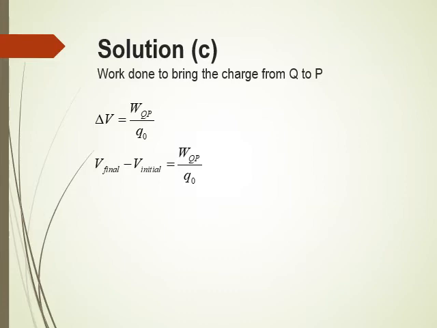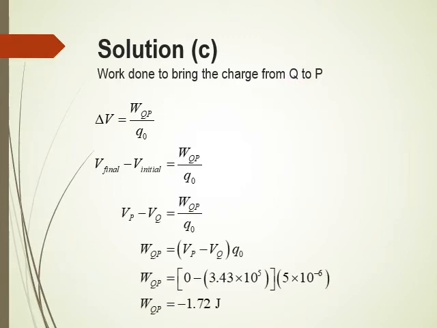V final is our point P and V initial is our point Q. Therefore, the equation can be written as Vp minus Vq equals WQP over q naught. Rearrange the equation and substitute the values. You will then obtain WQP equals negative 1.72 joule.